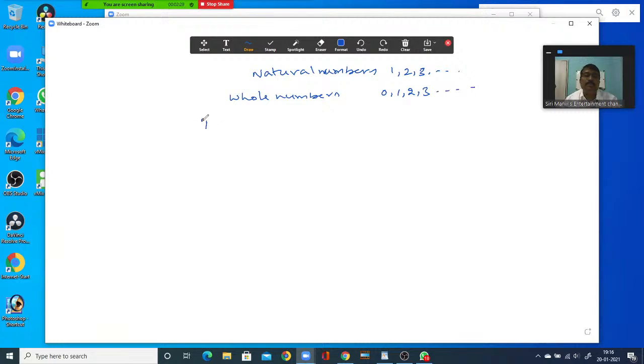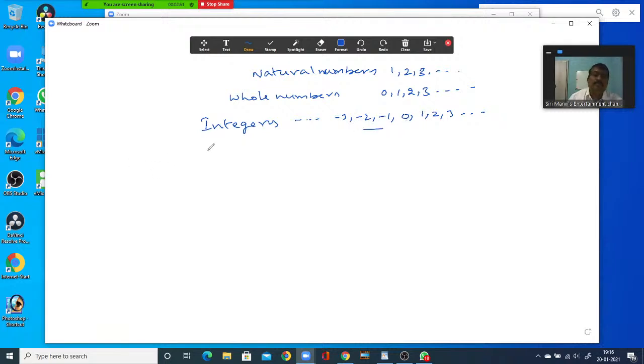When we include the negatives of natural numbers, -3, -2, -1, 0, 1, 2, 3 and so on, we get integers.